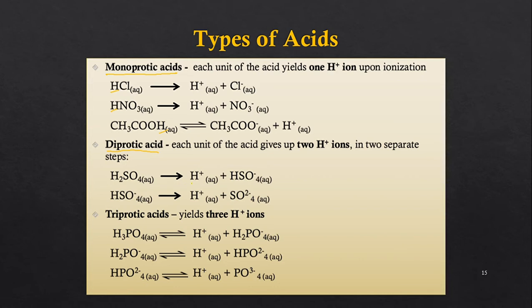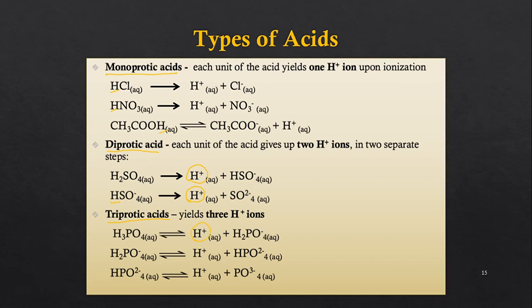Pwedeng isang hydrogen ion muna yung kaya niya ibigay. Tapos, may pangalawa pang step, makapagbigay pa uli siya ng isa pang hydrogen ion. So, dalawang protons yung kaya niyang i-donate. Pag triprotic naman, as the term implies, 3 protons yung kaya niyang i-donate. So, ito yung mga yun.